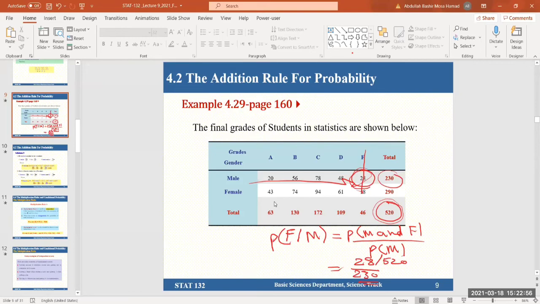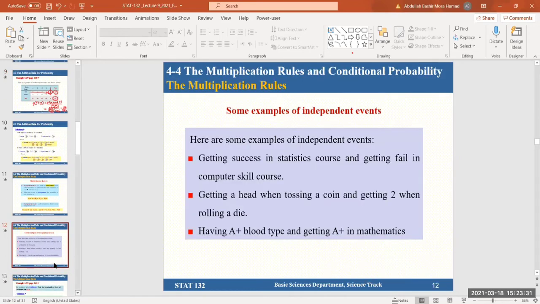The total number of students is 520, so we divide by 520. For P of male, how many students are male? 230 over the total number of students 520. But actually we cancel this with this and we get simply 28 over 230. Clear? Clear. We go back to that question and try to use the same procedure to solve.